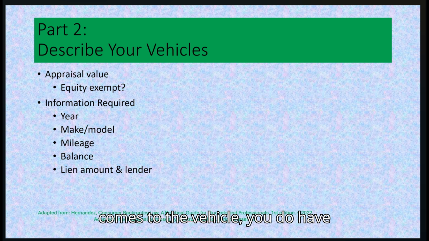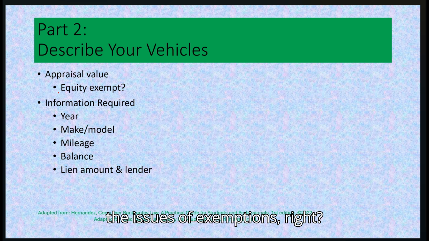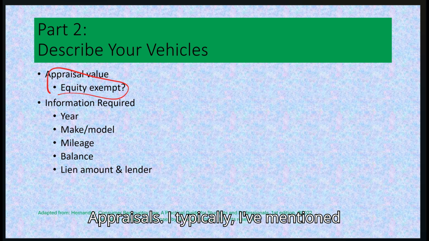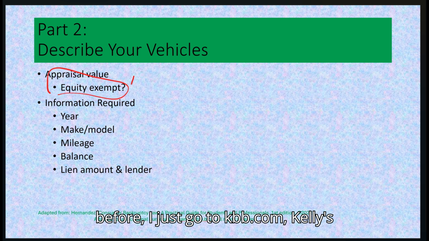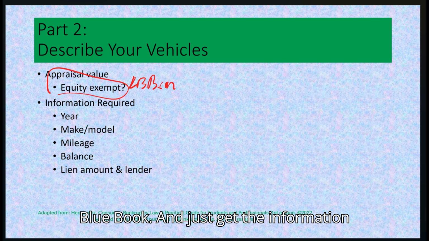Now, when it comes to the vehicle, we're dealing with the issues of exemptions, right? Appraisals, I've mentioned before, I just go to kbb.com, Kelley Blue Book, and just get the information there.